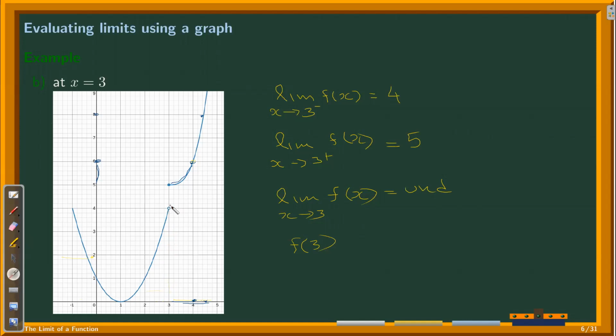But if I look at this point, it has an open circle. The open circle means this point does not belong to the graph. This one has a closed circle, so it belongs to the graph. So right above 3, I only have one candidate, this one point. Because this is open, it does not belong to the graph.